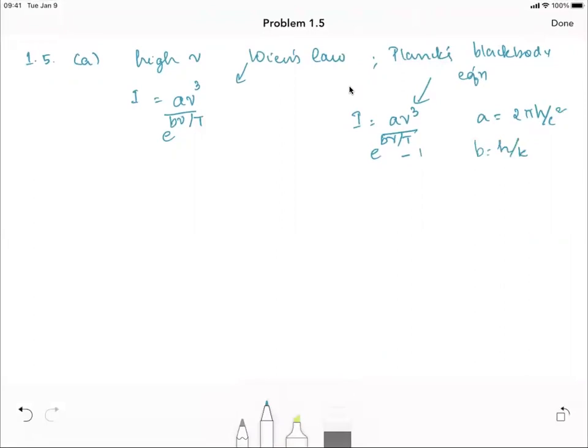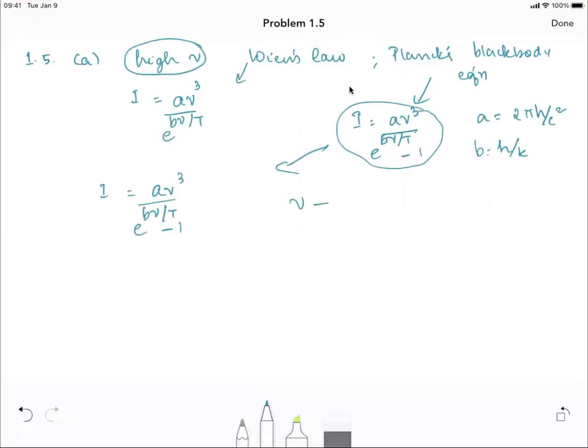Now the question asks us to verify that at very high frequencies, Wien's law is a good approximation to Planck's blackbody equation. If we have very high frequencies in Planck's equation, it would reduce to Wien's law. So let's start with I equals a nu cubed by e to the b nu by t minus 1.